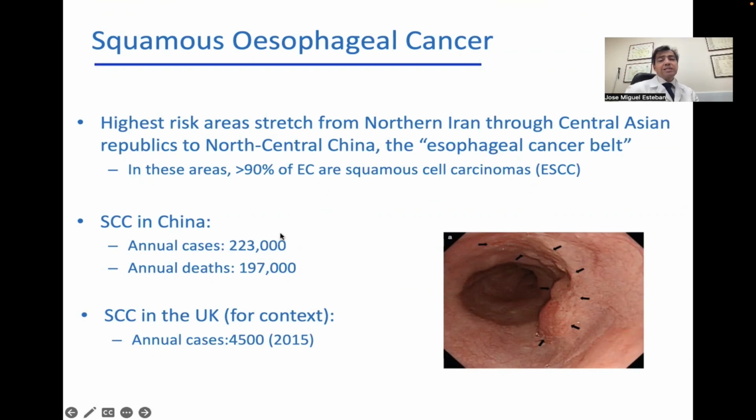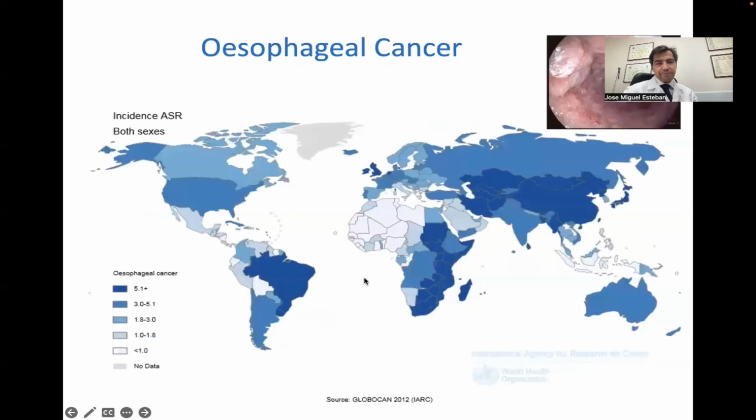You can see that in China, the number of cases per year is more than 200,000. And in England, in the UK, the annual cases are just 4,500. But we need to know that this cancer will increase in the following years in this area.